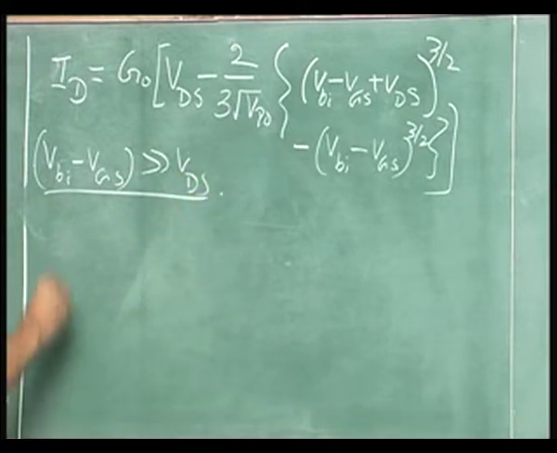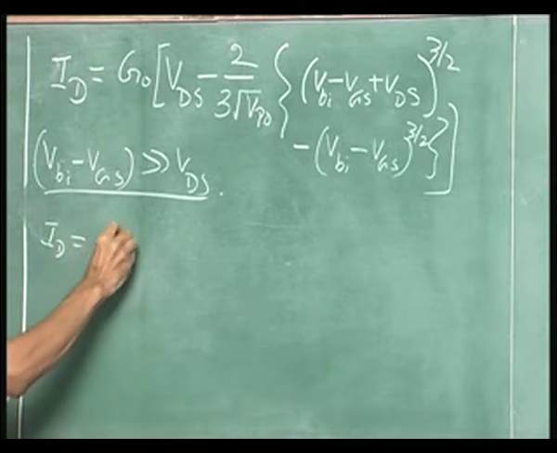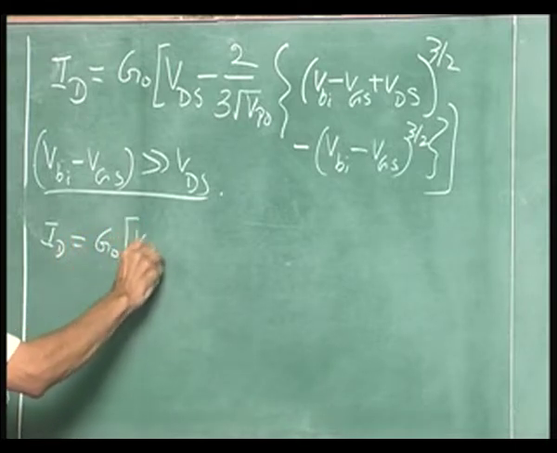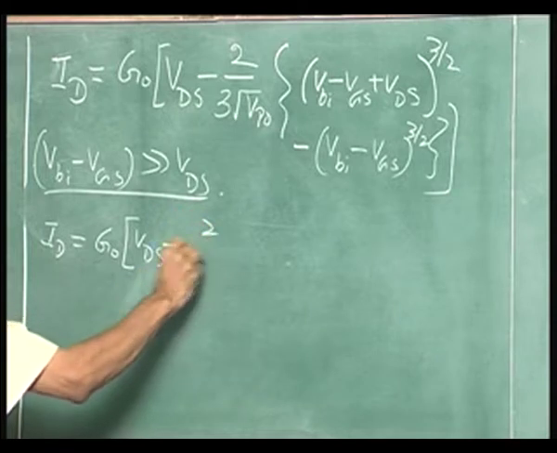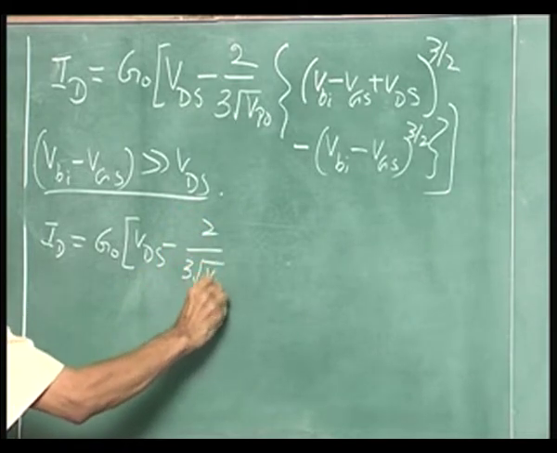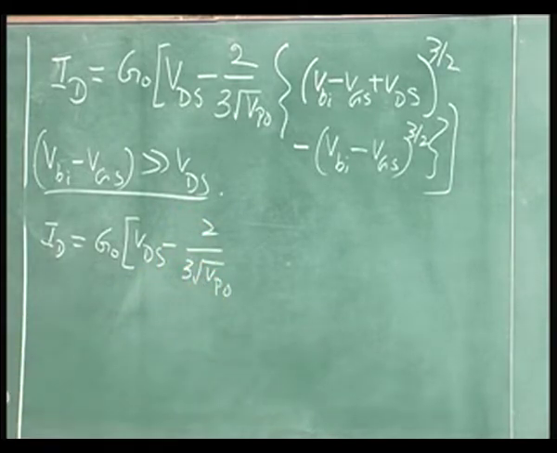Expand that. So, I d will be equal to G naught, V d s minus 2/3 of root of V p 0.